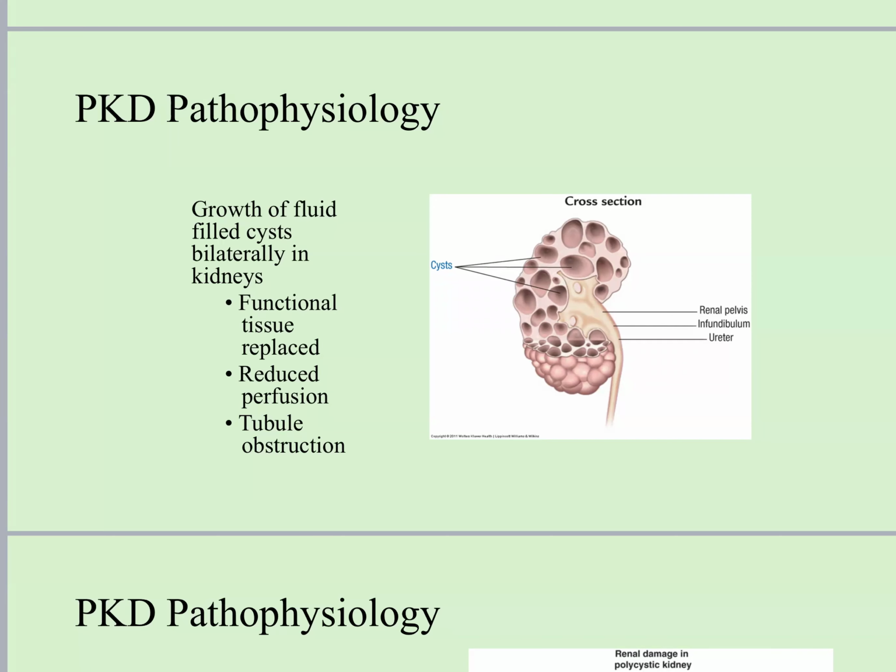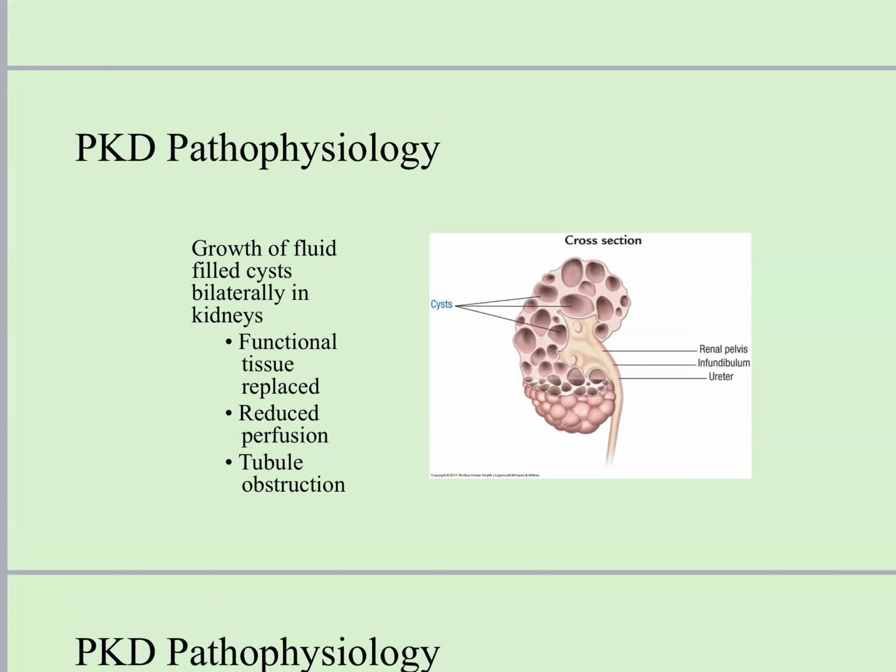So, how this looks is that a genetic mutation in the PKD1 or PKD2 genes leads to defective proteins, which causes problems with the epithelial cell function and cell membrane signaling. And then the cells begin to proliferate, but in an abnormal way.